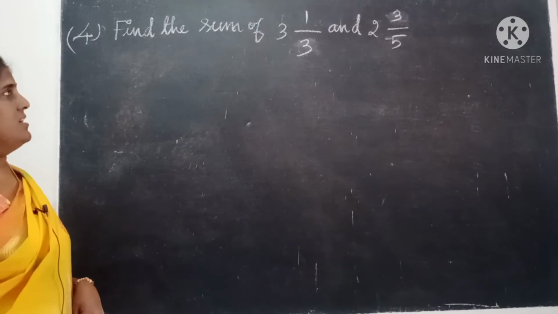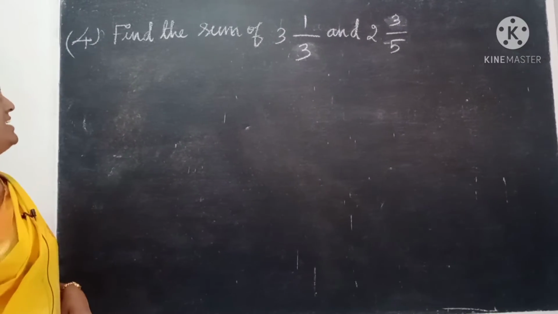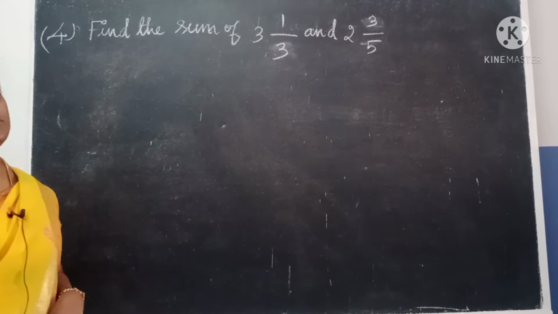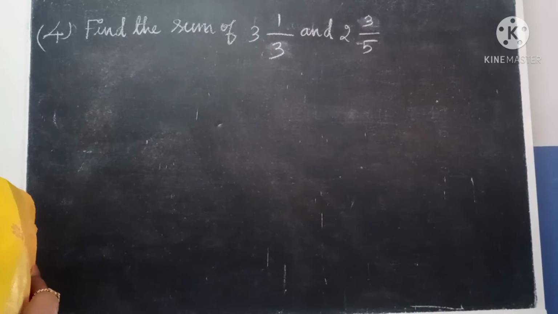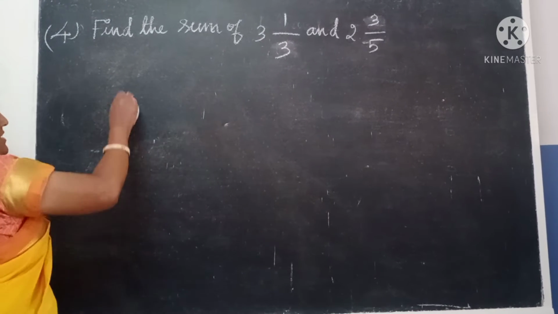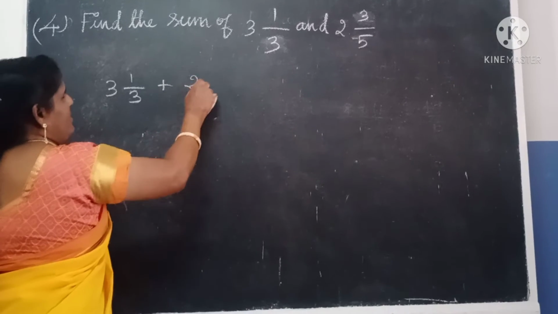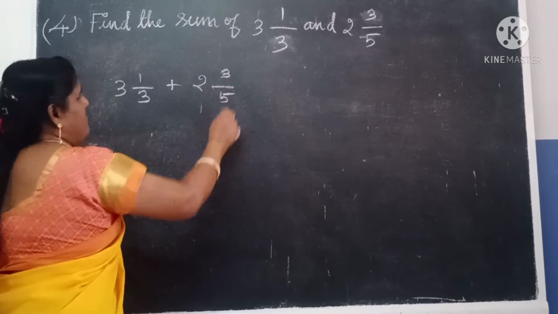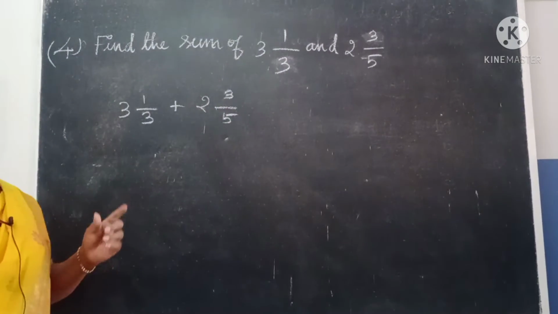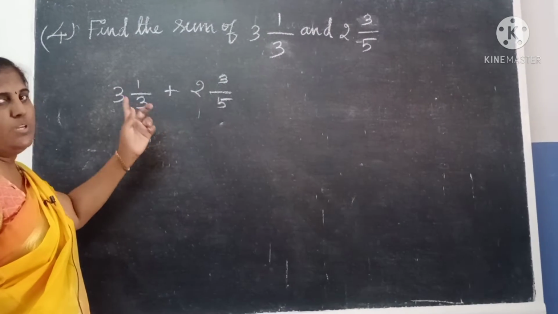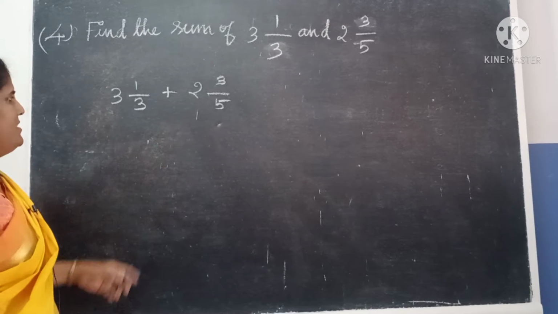Okay. This is also the next example. Find the sum of 3 1 by 3 and 2 3 by 5. See, here also they gave mixed numbers, 3 1 by 3 plus 2 3 by 5. What I told you, first of all you have to convert these mixed numbers into improper. How do we convert?